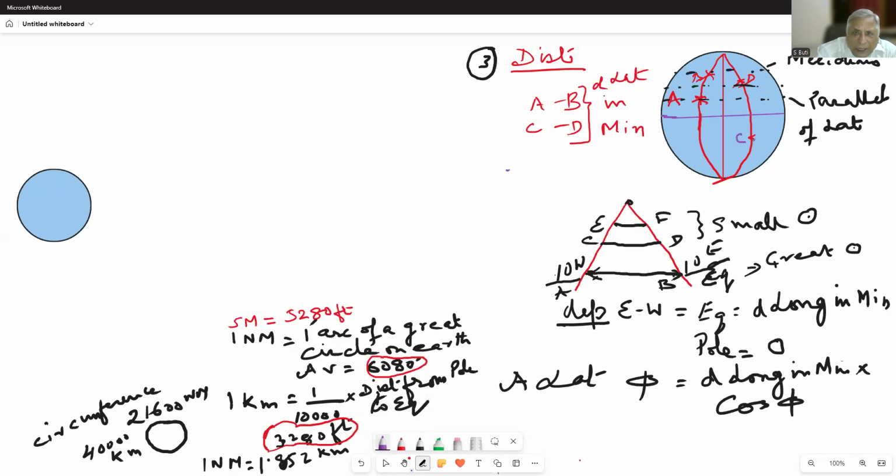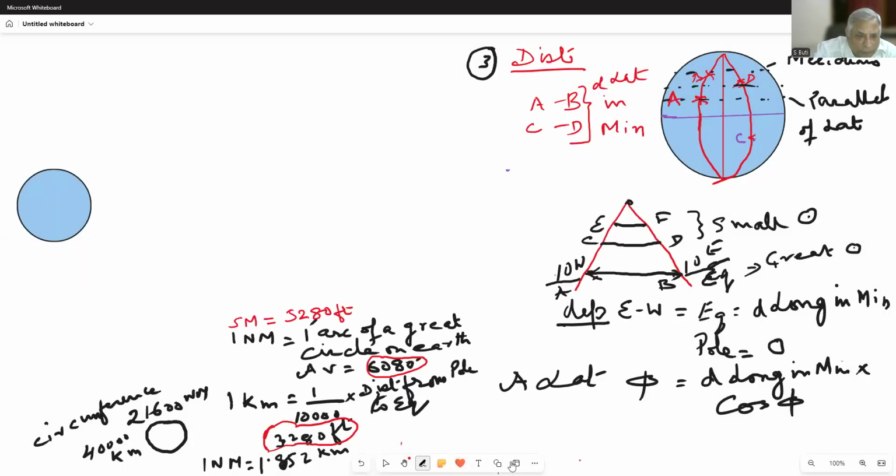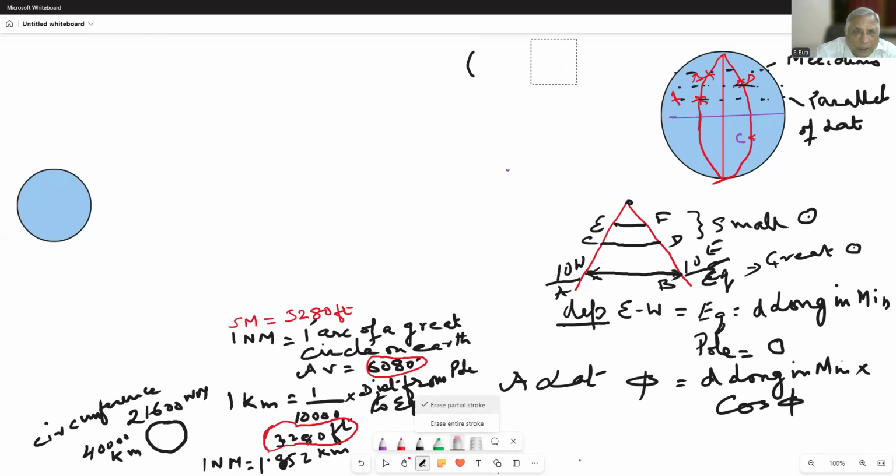Find out the difference in latitude and you will get the distance in nautical miles. And how to convert dlong into minutes, rather nautical miles?